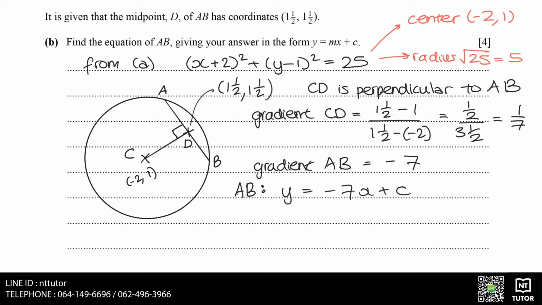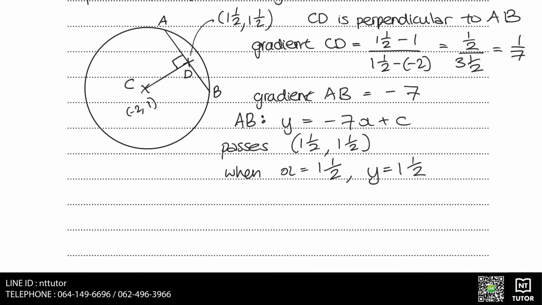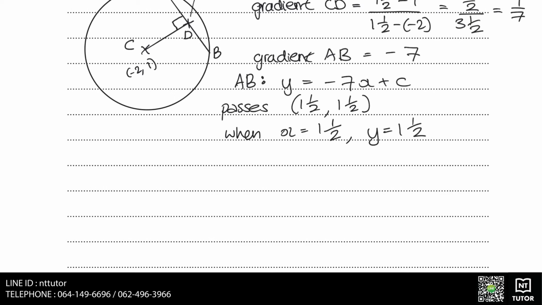And we know that the line AB passes through the point D, which is 1.5, 1.5. This means that when x equals 1.5, y must also equal 1.5. And we can substitute this into the equation y equals minus 7x plus c and solve for the value of c.